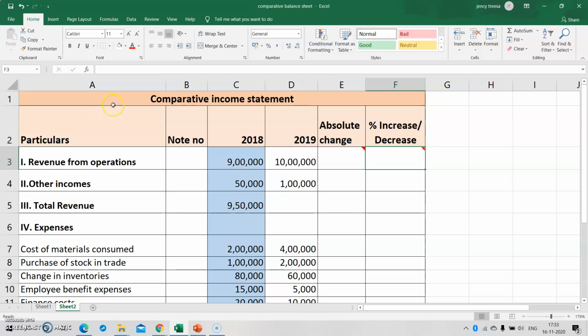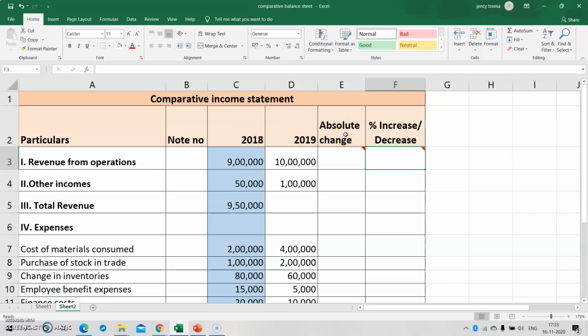The heading you should give is comparative income statement, and it has a particulars column and a note number column. The note number is just a formality here for the problems in the textbooks, but in practical situations, you will have to give the note number. The 2 years' figures, 2018 and 2019, are all provided in the question itself.